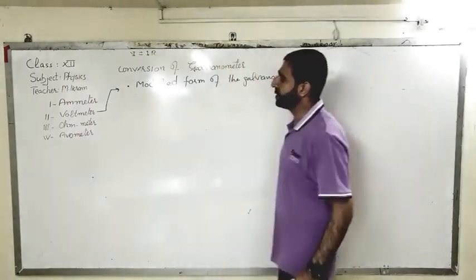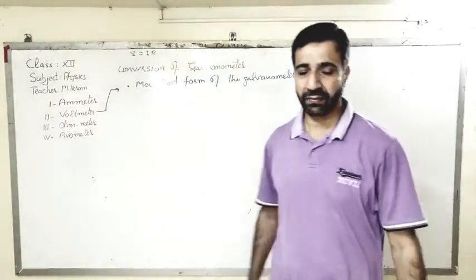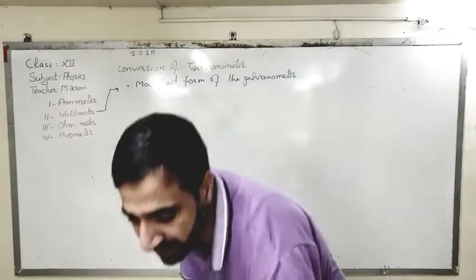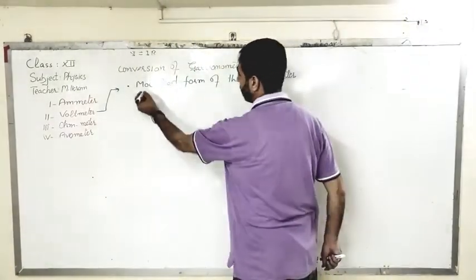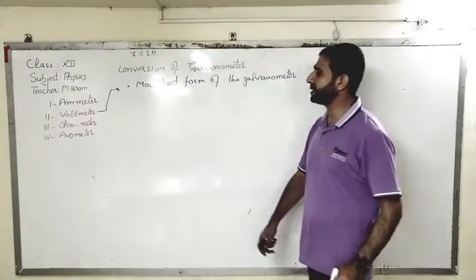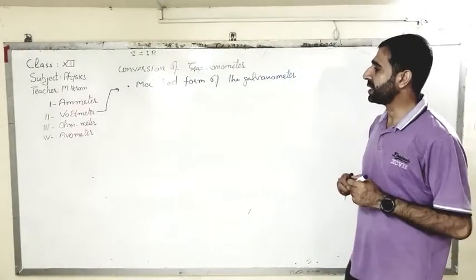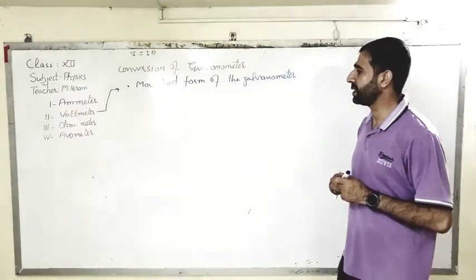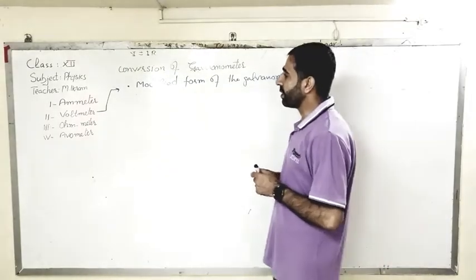It can measure and detect a voltage or potential difference of higher value present in the circuit. So it has the ability to measure the potential difference or the EMF of the source of higher value.